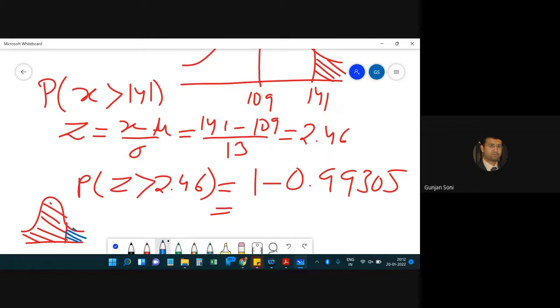What's that value? We subtract it, so 0.00695. Or if we multiply it by 100, we get 0.69%. Okay. Any doubts? Anyone having any doubt in this?